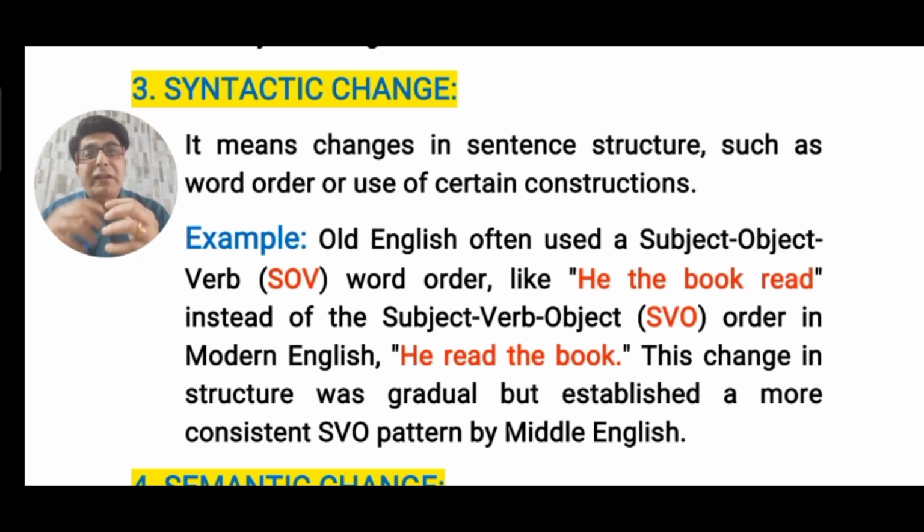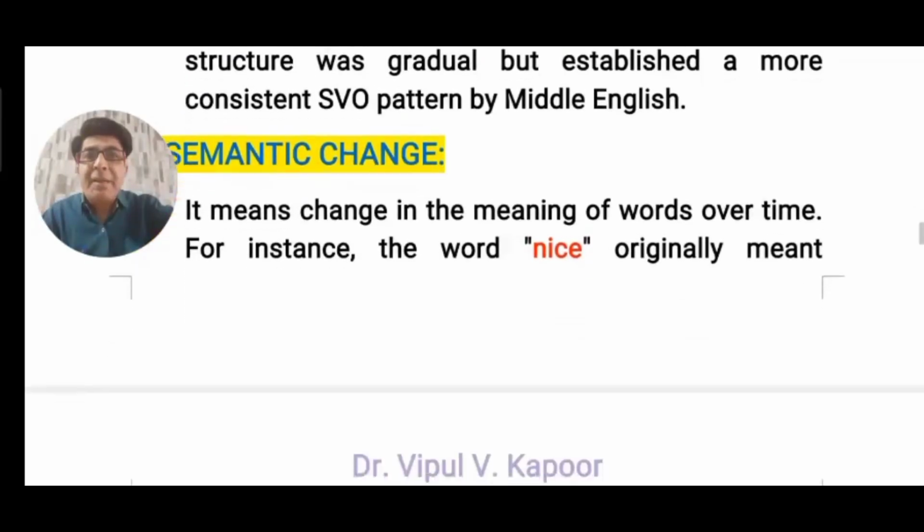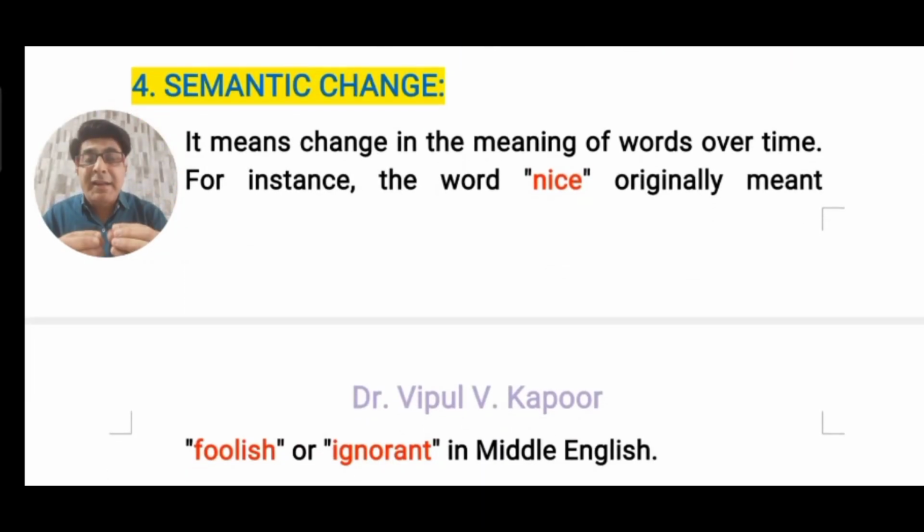So there was a different structure. Okay, he the book read. This was an old English style, but he read the book is a modern English style. So from time to time, we also find some changes in the structures.